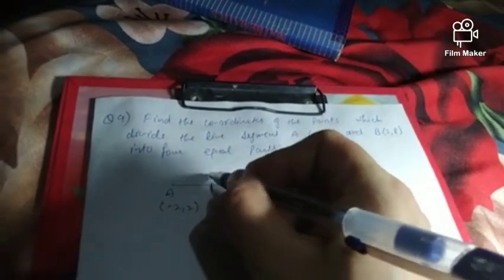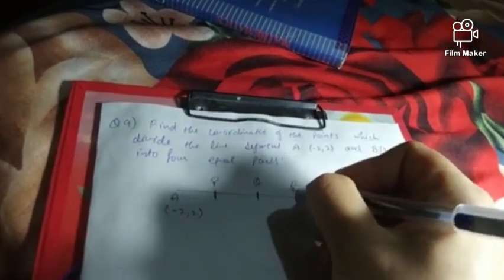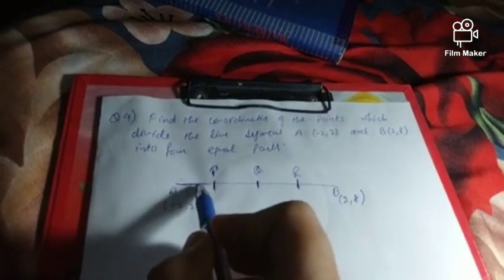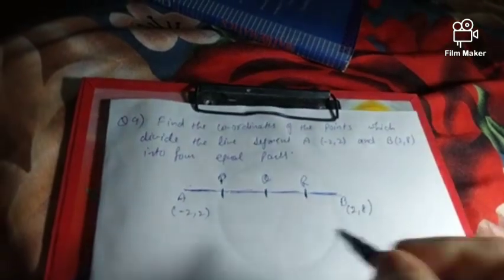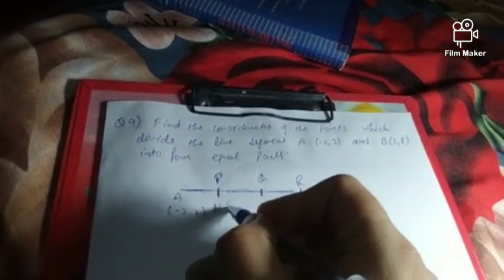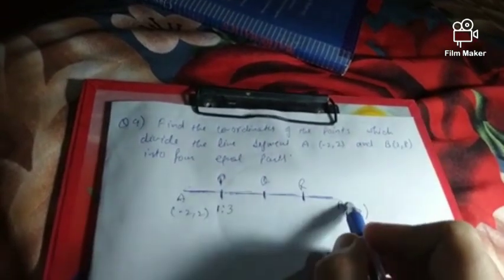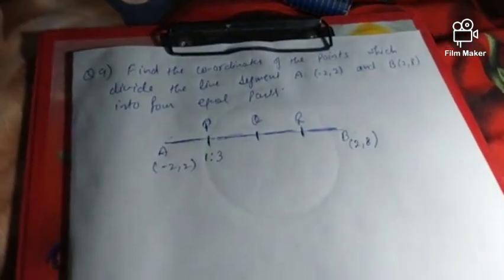Now we want to find the coordinates of the points P, Q and R. P will divide it into the ratio 1:3, Q will divide in the ratio 2:2, and R will divide in the ratio 3:1.